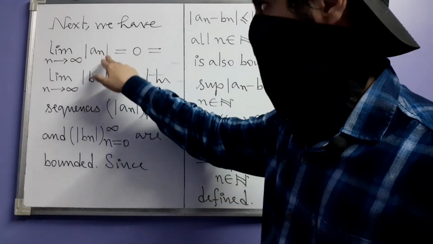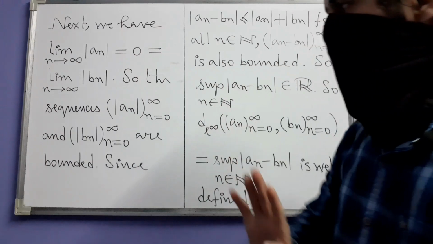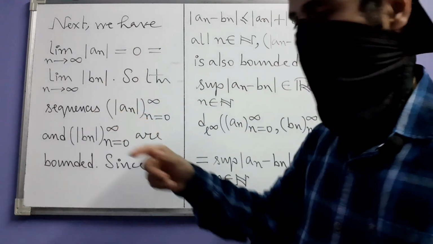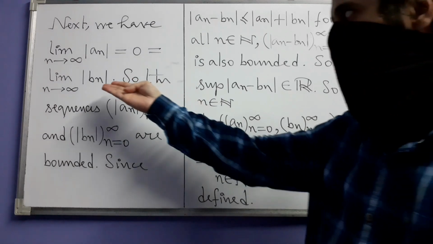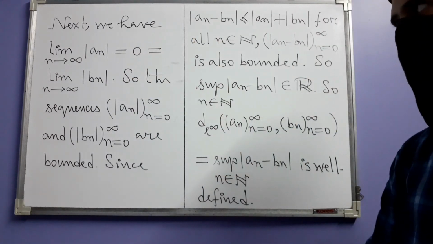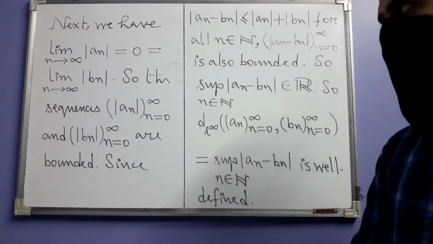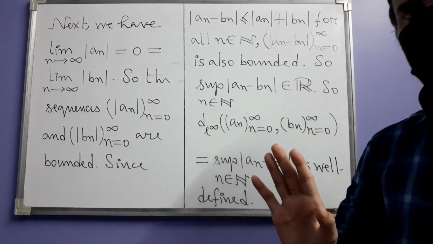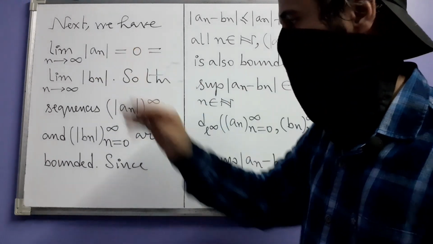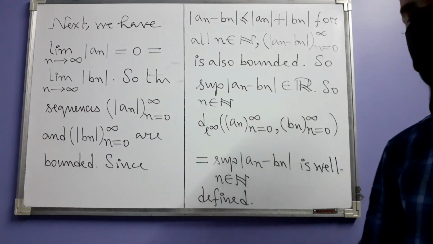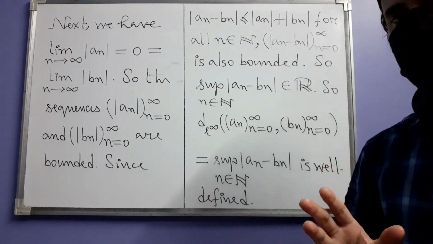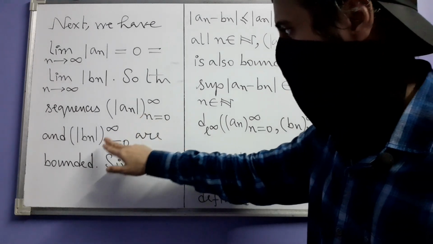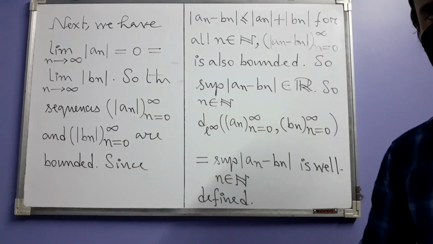Limit of mod an as n approaches infinity is 0 because summation mod an is convergent, and similarly the other series is convergent, so this limit is also equal to 0. The fact that these limits are 0 is not important. What is important now is that these sequences themselves converge, and every convergent sequence is bounded. You recall that result. So these sequences are bounded.